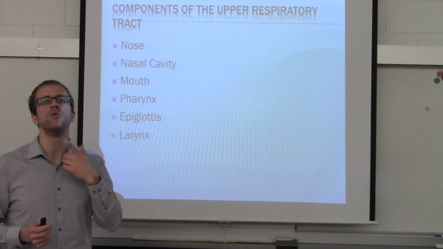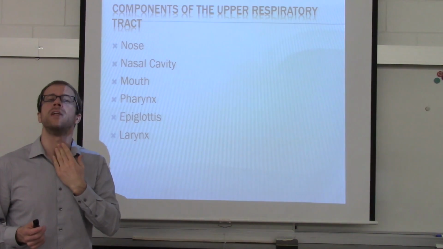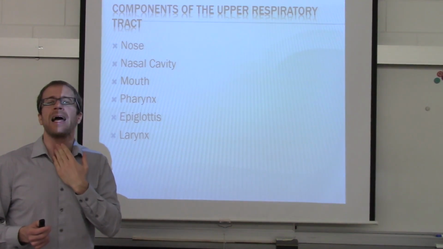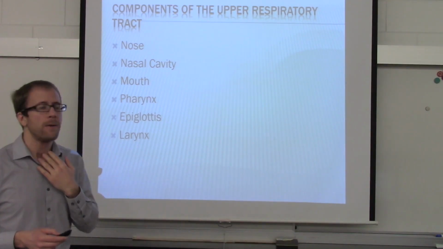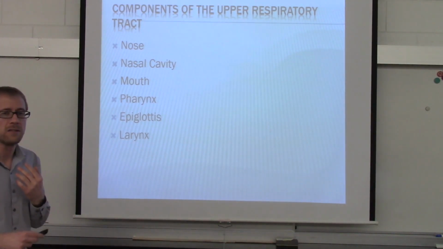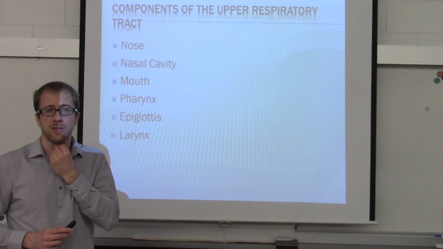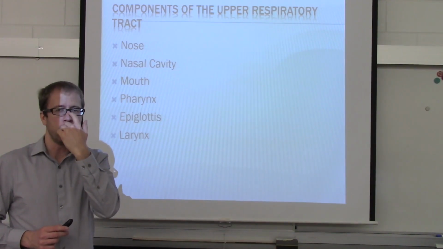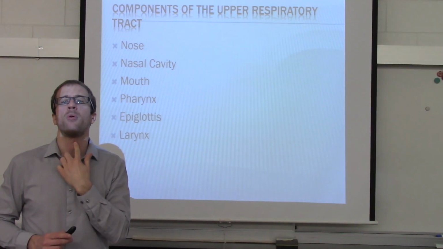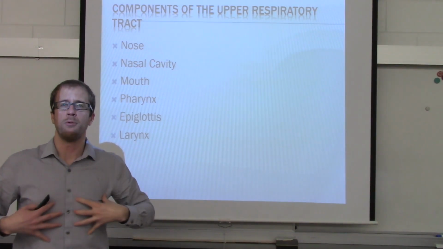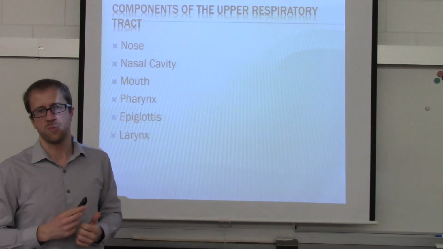Everything up to here, that protrusion you feel from your neck, your quote-unquote Adam's apple, that is going to be your larynx that you're feeling. Well, it's the entire structure that houses your larynx, but that is going to be your larynx. So everything from your nose, mouth to here is your upper respiratory tract. Everything below that point, right, your trachea, your bronchi, your bronchioles, your alveoli, your lungs, that is your lower respiratory tract.